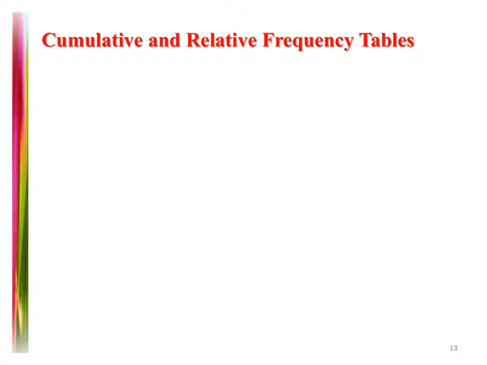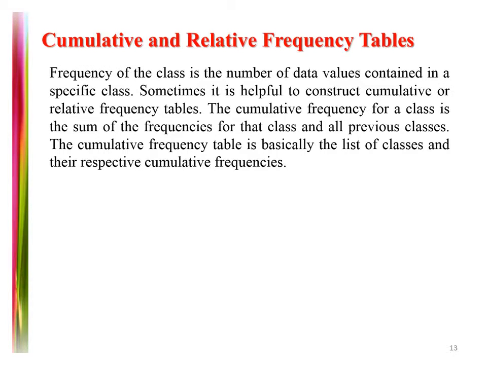Next, the cumulative and relative frequency table. This is also useful in some situations. The frequency of a class is the number of data values in a specific class. Sometimes it is helpful to construct a cumulative or relative frequency table. The cumulative frequency for a class is the sum of the frequency for that class and all previous classes.